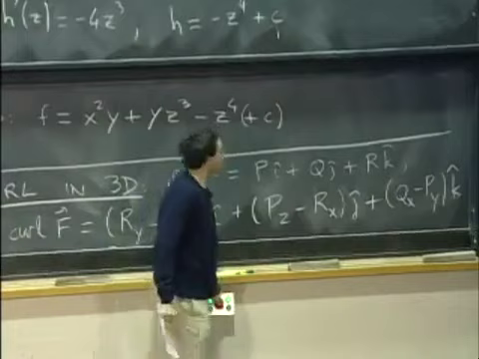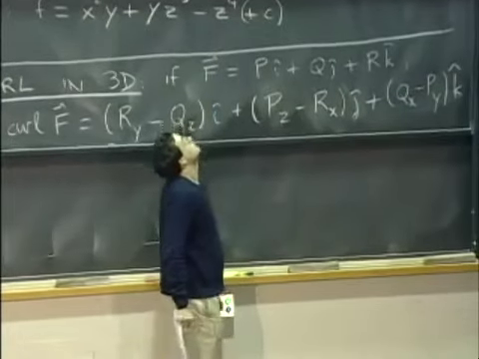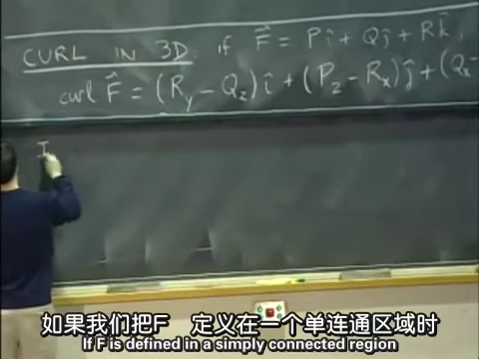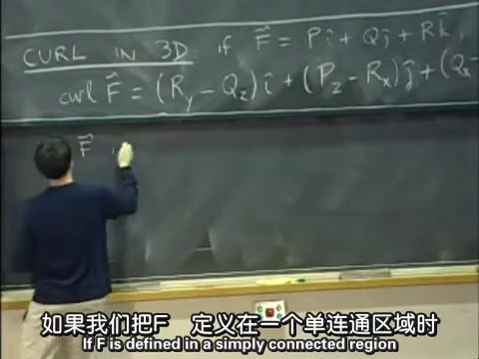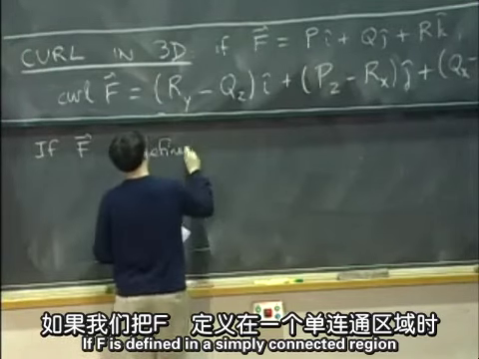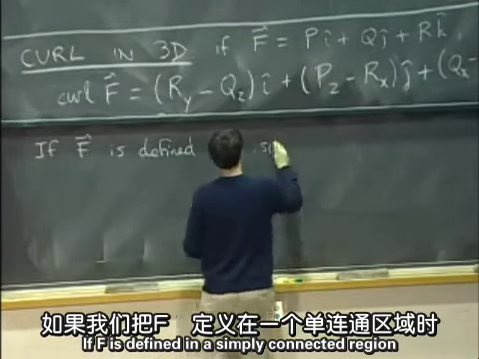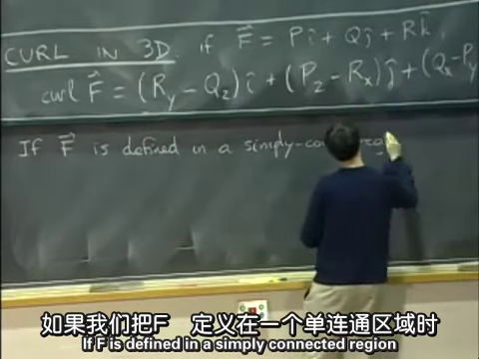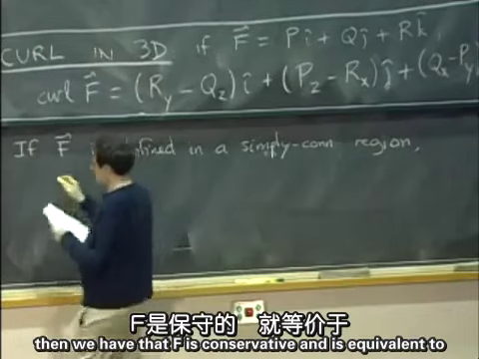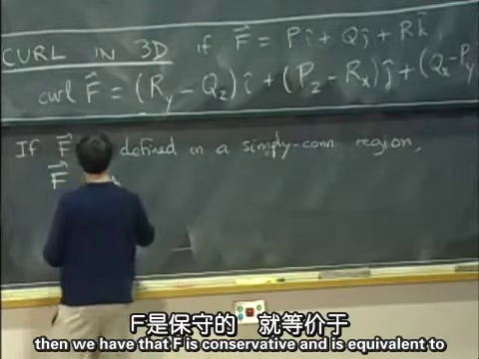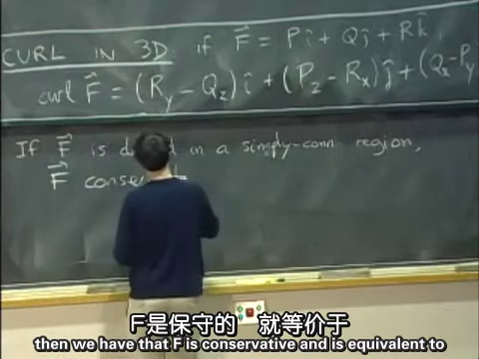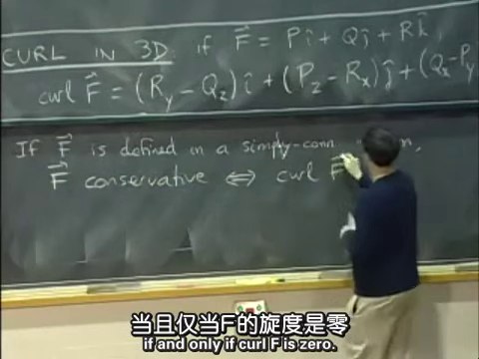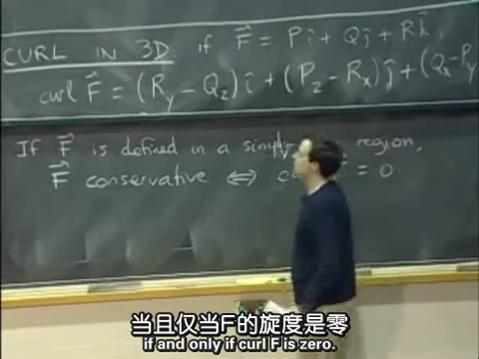So by construction, if F is defined in a simply connected region, then F is conservative if and only if curl F is 0. Okay?